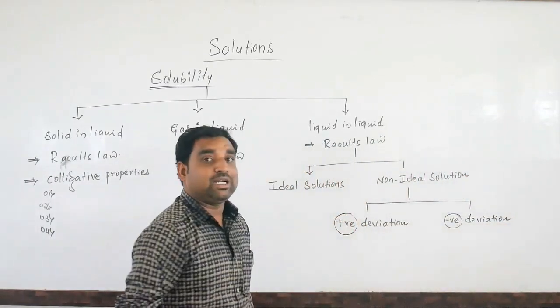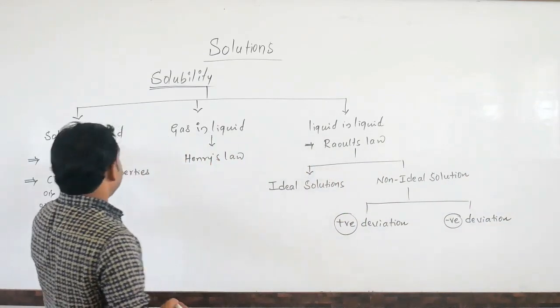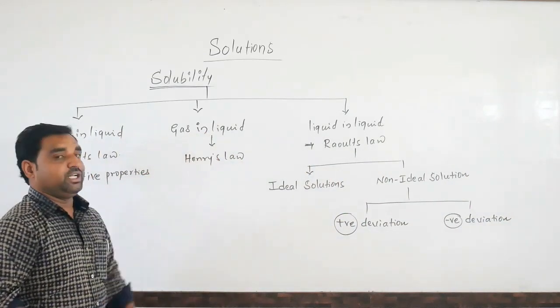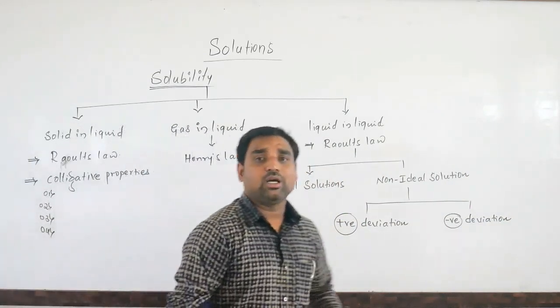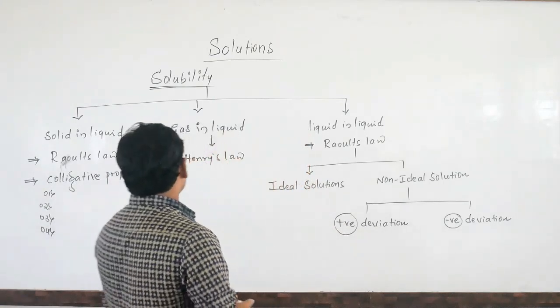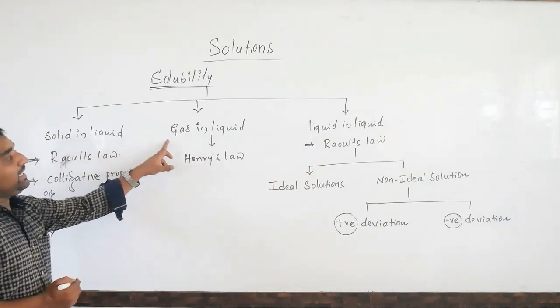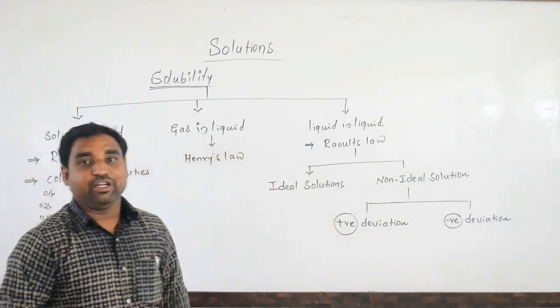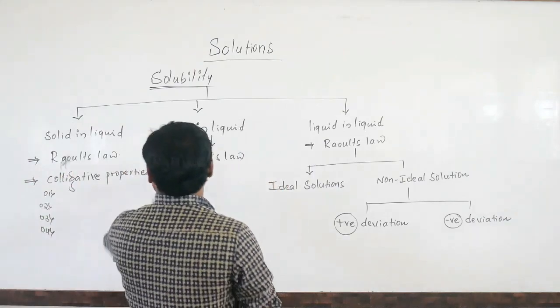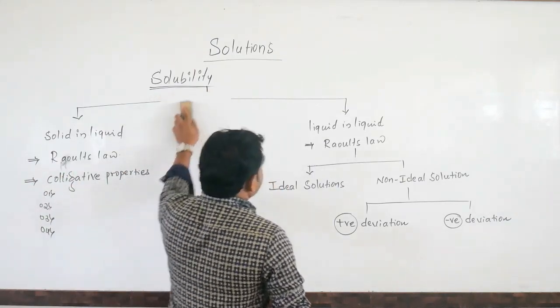This is the brief chart about solubility: solid in liquid, gas in liquid, liquid in liquid. If we discuss this much, the solution chapter will be complete. So first we will discuss the solubility of solid in liquid, then gas in liquid, then liquid in liquid. Now we will discuss the solubility of solid in liquid.